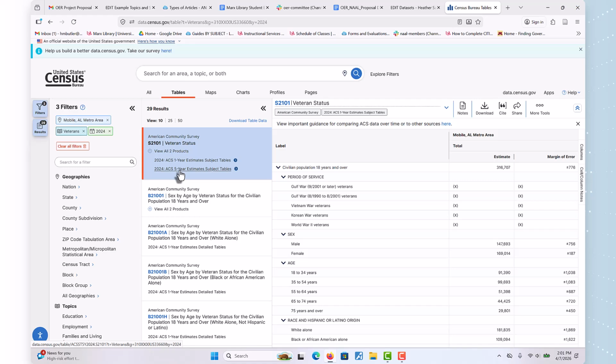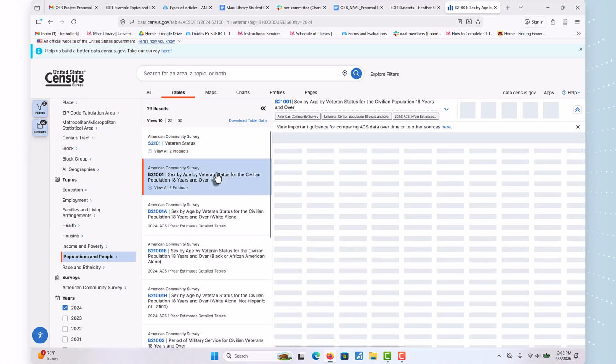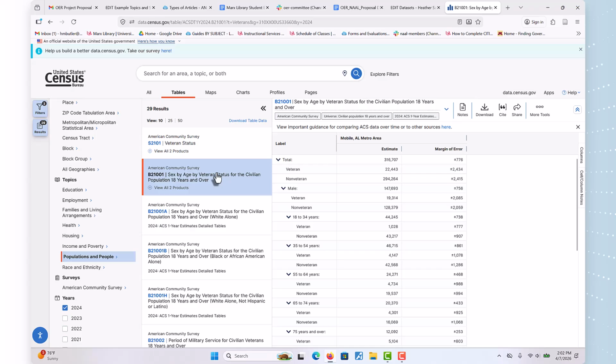This is also if I wanted to look and see information about what sex or age people said they were when they took this survey, and we're looking at people who say veteran or non-veteran.